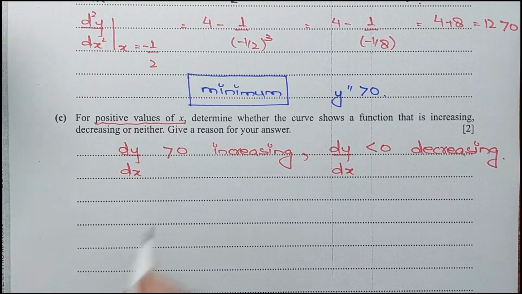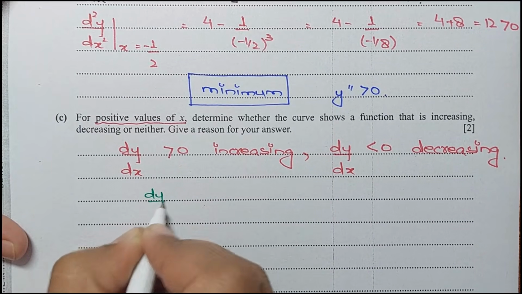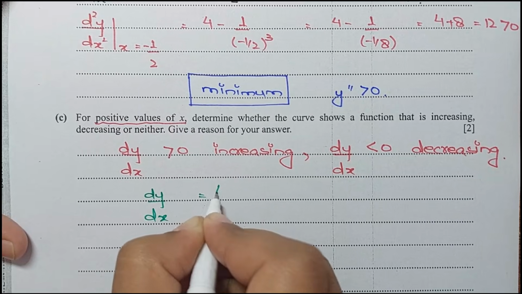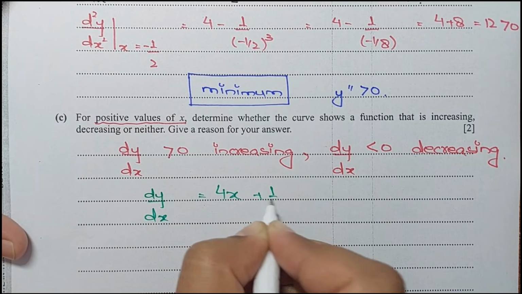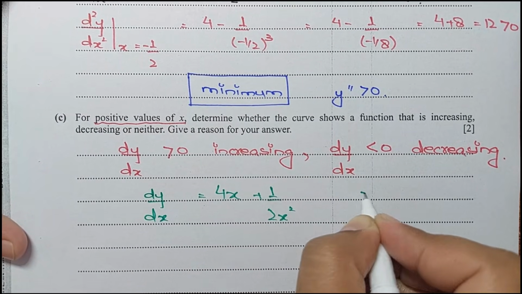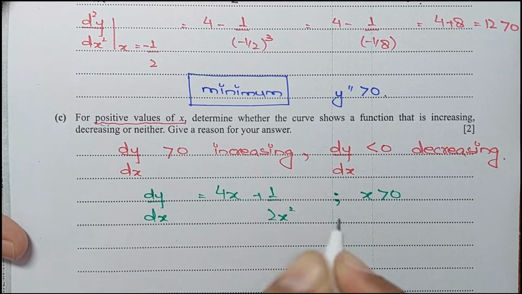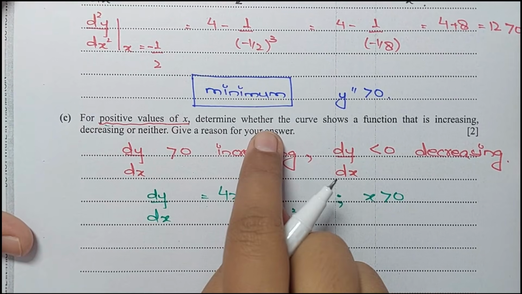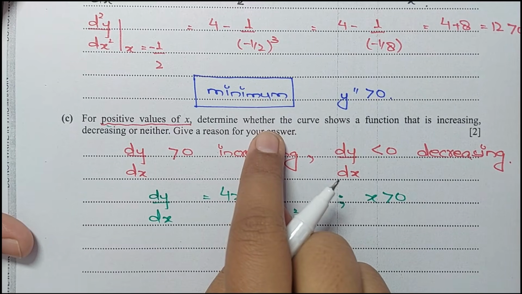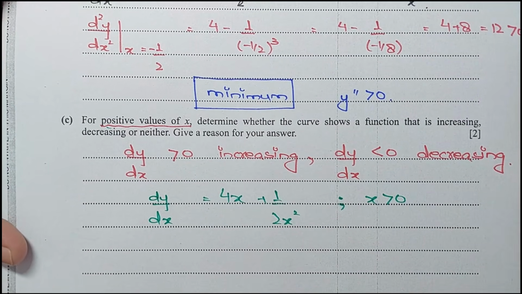So let me write down the first derivative. What is dy/dx? It is 4x + 1/(2x²), when x is greater than 0. For positive values of x, it is given in the question. We need to determine whether the curve shows a function that is increasing or decreasing. For increasing, its derivative is positive.